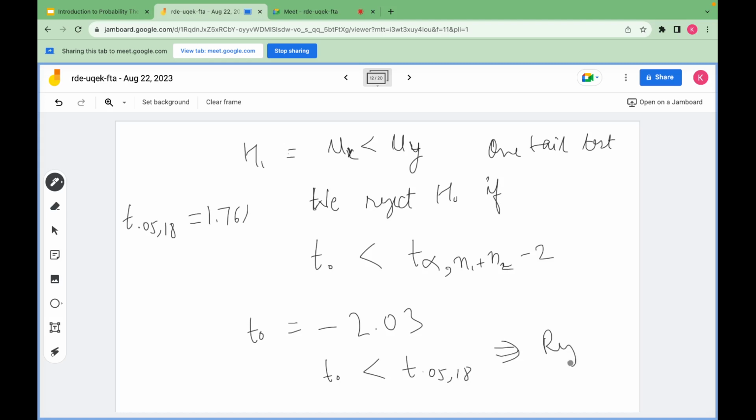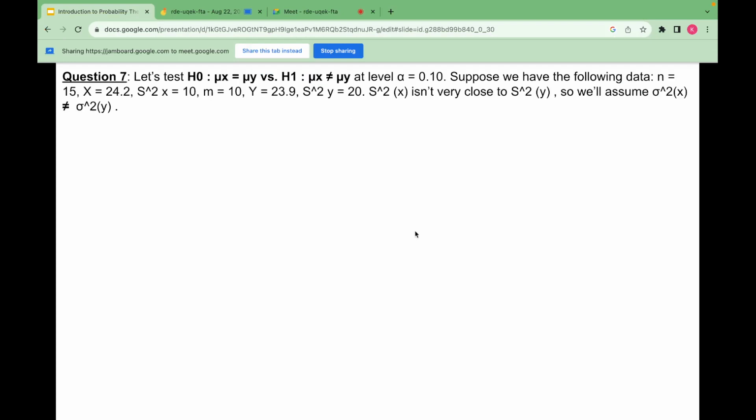That's why we reject the null hypothesis, which means that our alternate hypothesis was correct, that mu y is greater than mu x. Okay, so I hope you understand this question. Okay, moving to the next question.